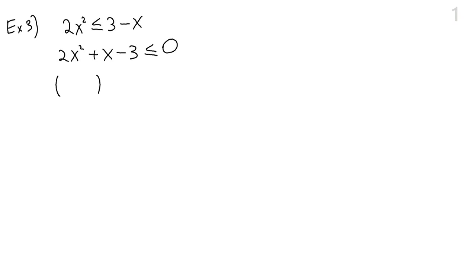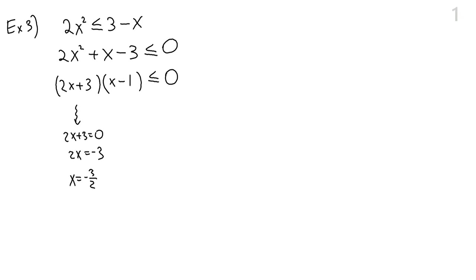And we factor it just as if we were solving a polynomial equation. Factored, this is 2x plus 3 times x minus 1. Now the potential points at which the sign of this polynomial can change are given to us by the factors.